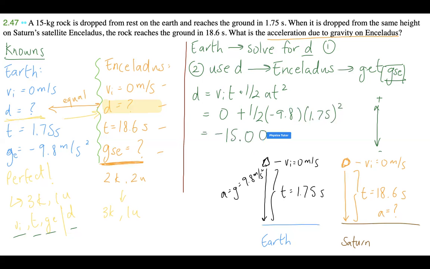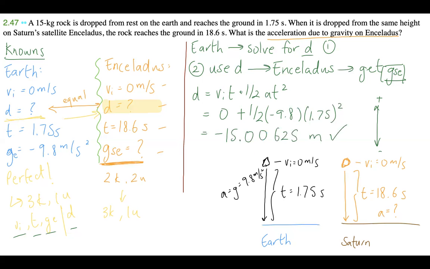I'm going to double check because that's actually not the value that I got. Oh, actually, no, it is. I was looking at a different problem. So it's 15.00625 meters. And this makes sense that we're going in the negative direction because it's falling down, and that's what we predicted at the beginning, right? That's our D value.